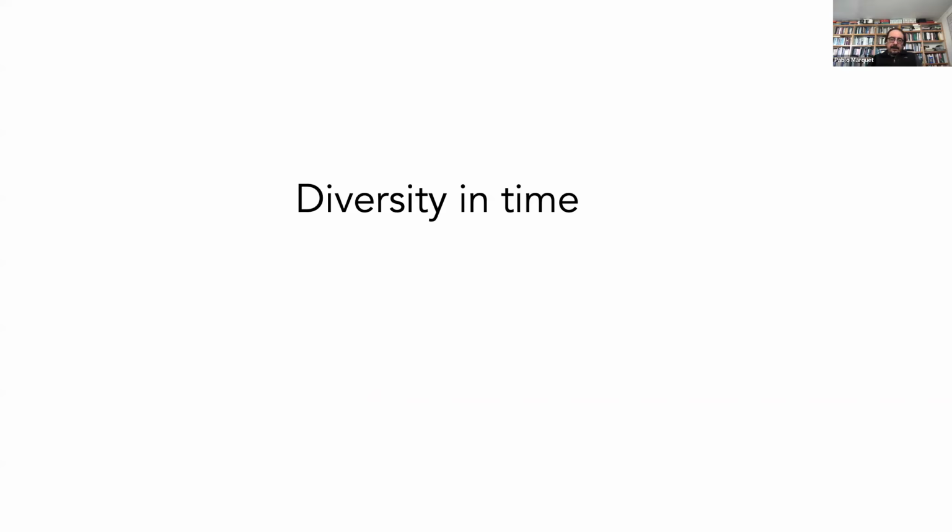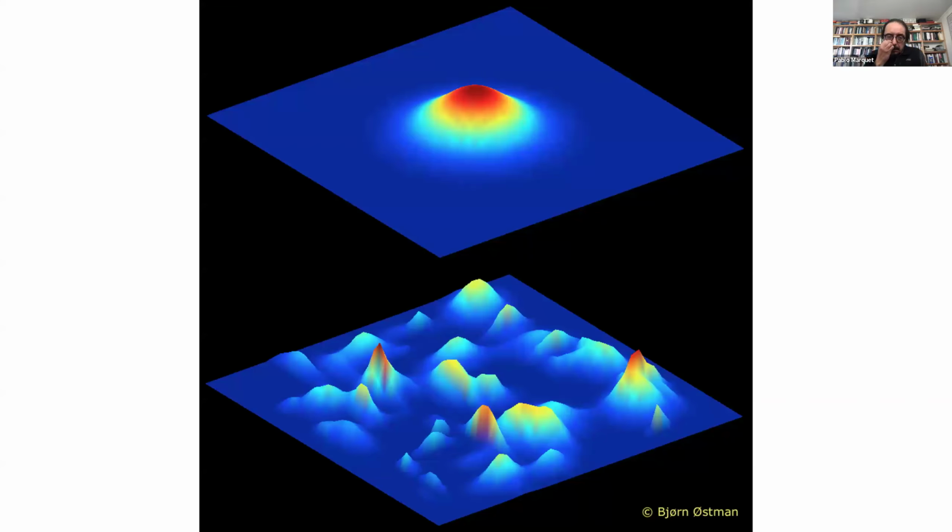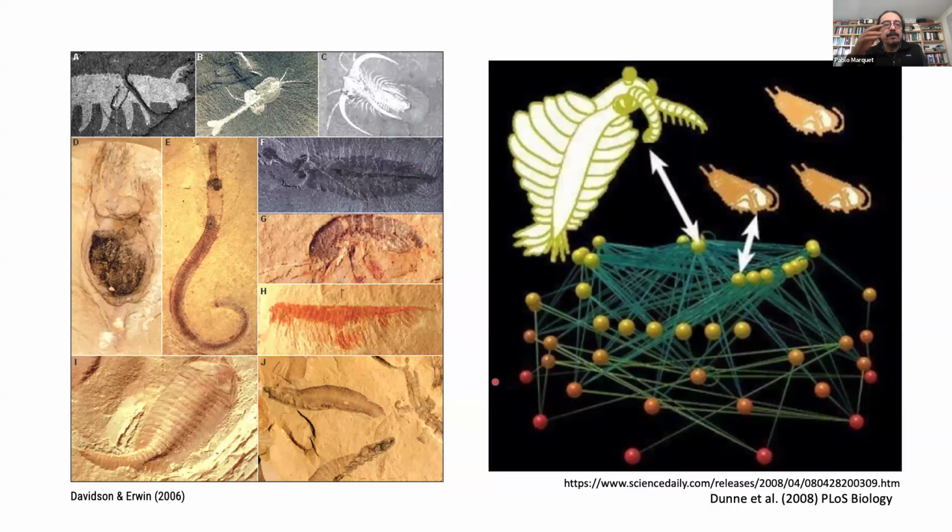If you think of species living in fitness landscapes that can be very complicated, like the one in the bottom, you think that species have been exploring this fitness landscape and creating all these wonderful forms that we see around.